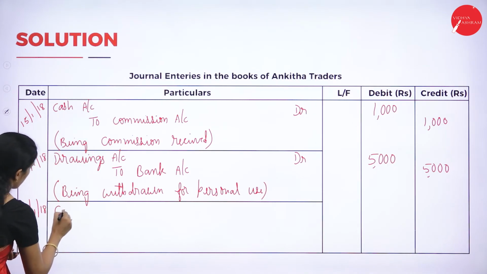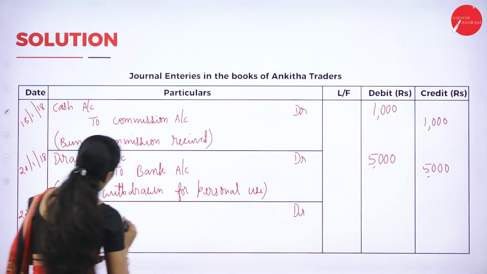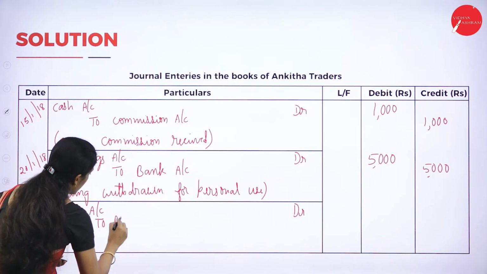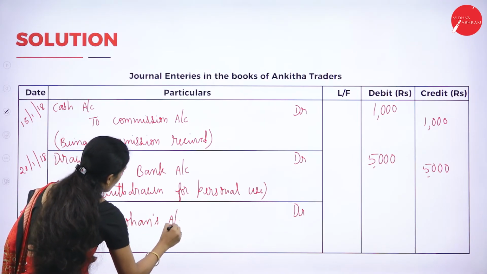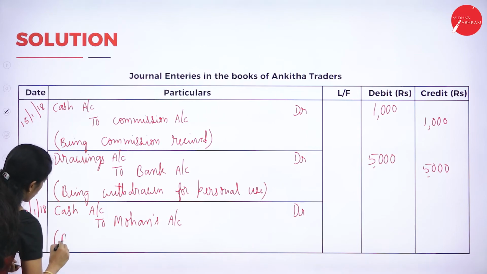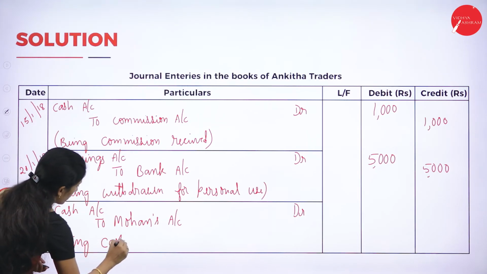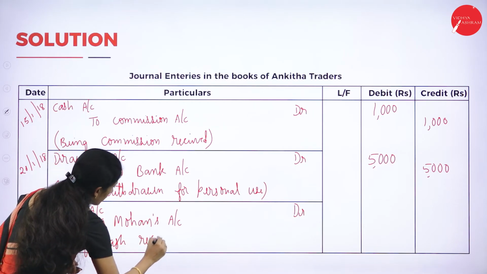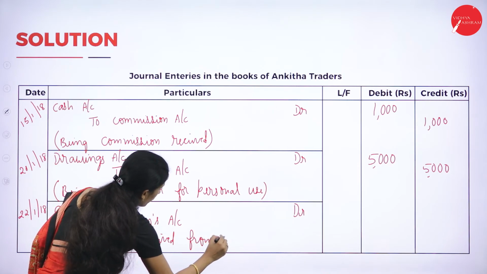22/1/18, cash account debit to Mohan's account. Write the narration: being cash received from Mohan.